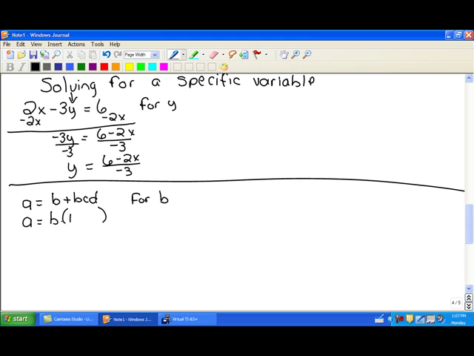B times 1 is going to give me B, and B times a positive CD will give me BCD. Now I only have one B. It's attached to the parentheses by multiplication, so I can divide both sides by 1 plus CD. The B will now be by itself, and we'll have A divided by 1 plus CD will now equal B.